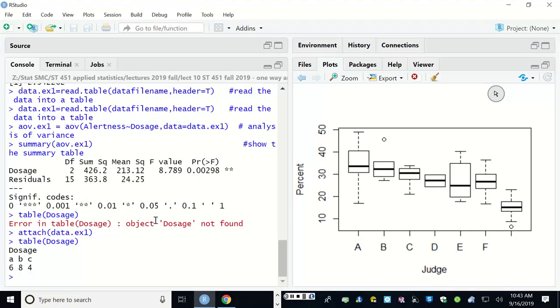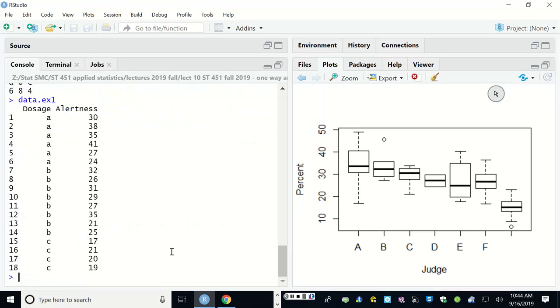There were 3 different dosage levels, A, B, and C, a pretty small sample size. Let's just look at the whole data set. This little dosage and alertness is the Y variable. I'm not going to give too much context of this.